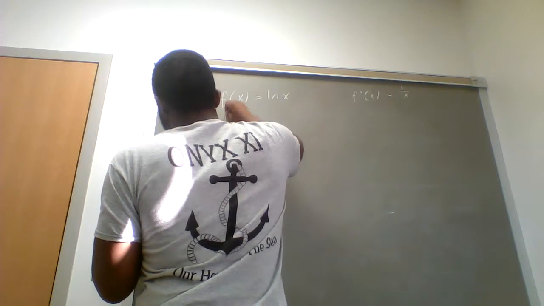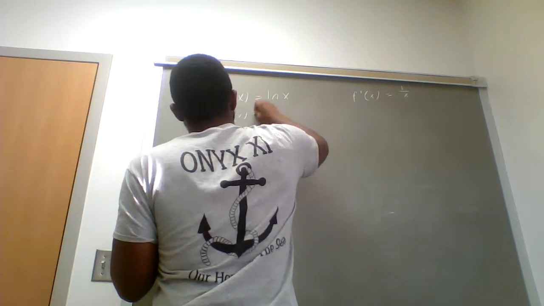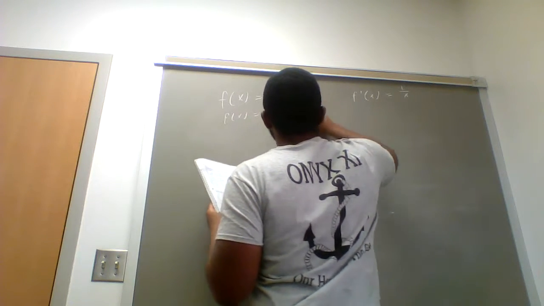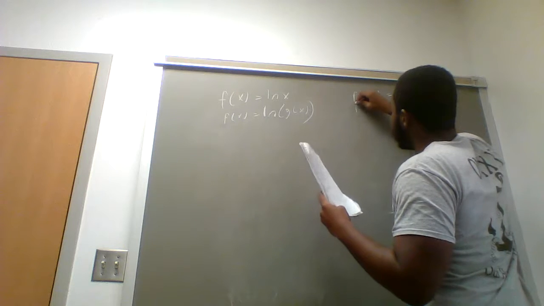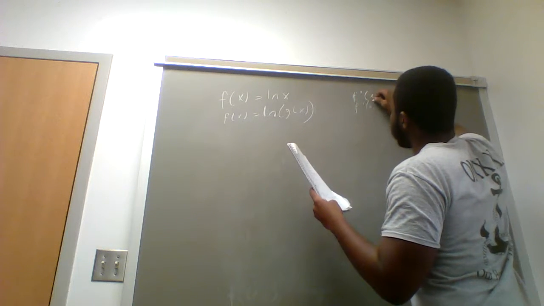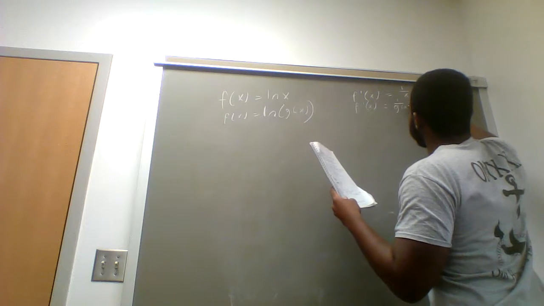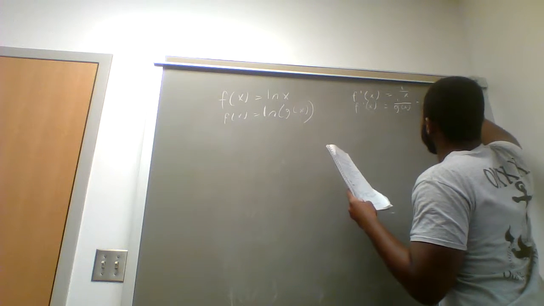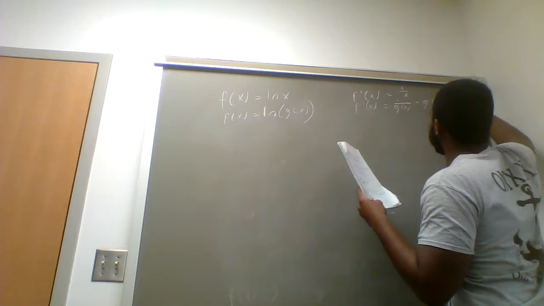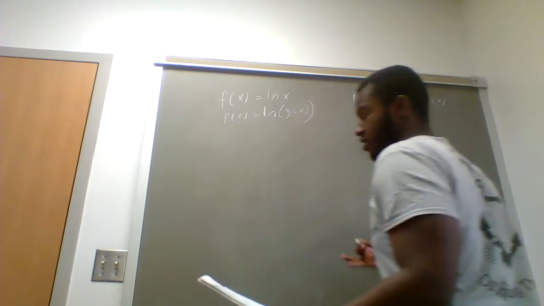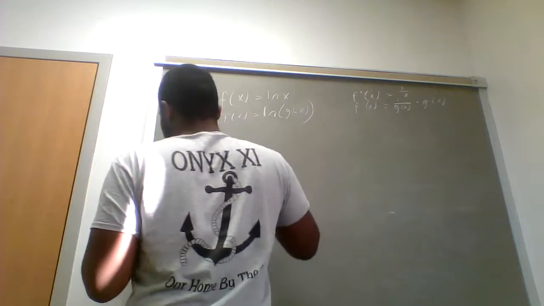The next property is f of x equals natural log of g of x. The derivative of this would be f prime of x equals 1 over g of x, multiplied by g prime of x. So basically, g prime of x over g of x, if you want it simpler.